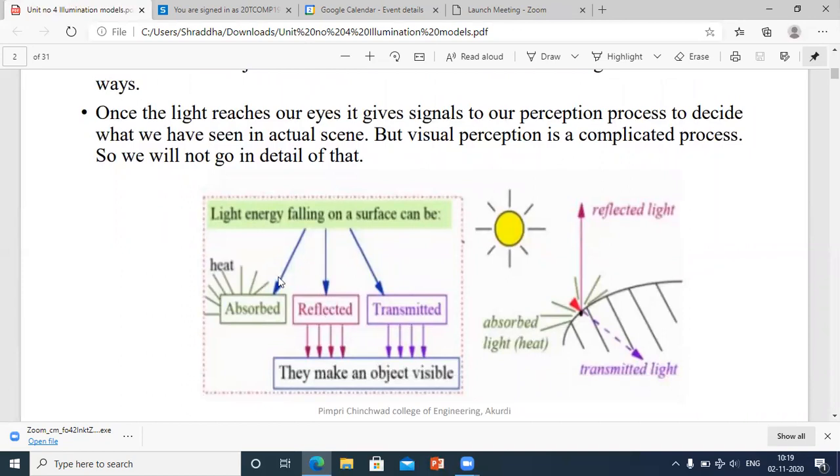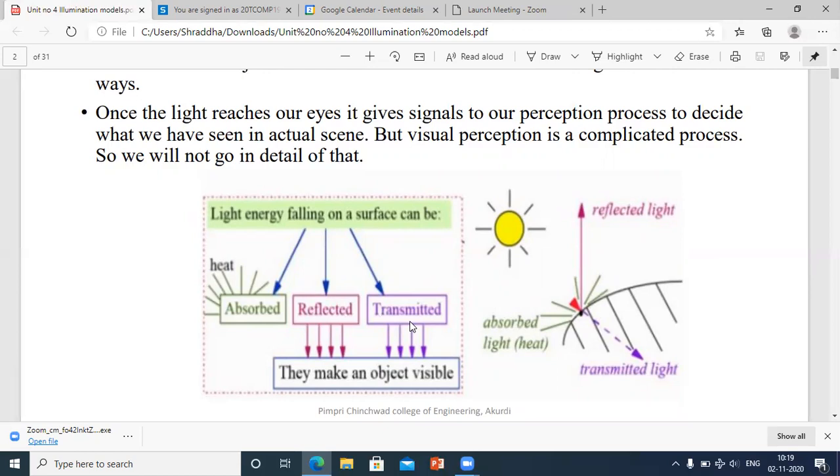See now what is given over here. Light energy is falling on a surface. What kind of surface can it be? Three types of surfaces are given. If light falls on a surface, the light can be absorbed by the surface, that is the first one. Second, the light can be reflected by that surface. And the third, the light is transmitted by that surface.